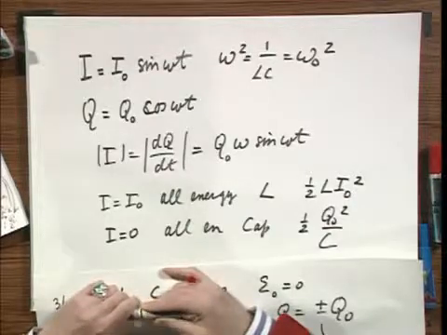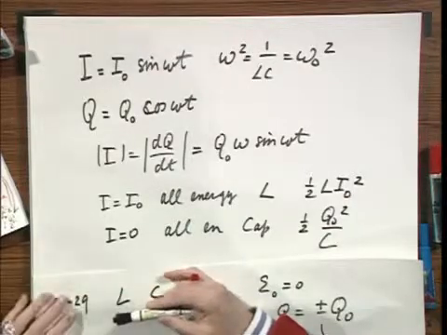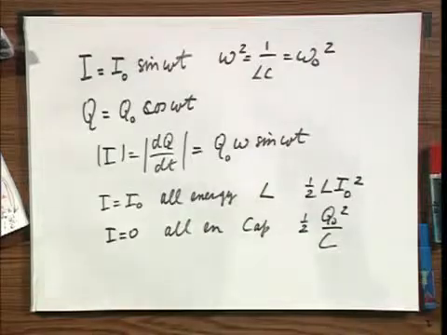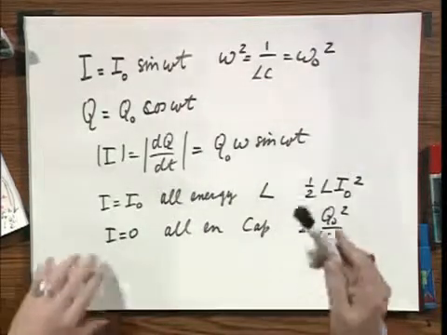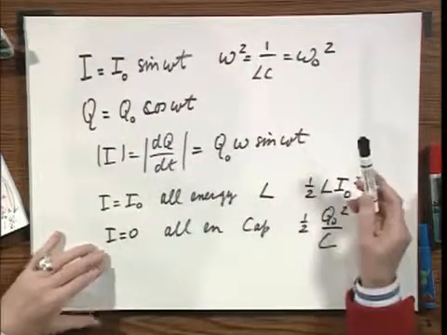Again, the voltages, as you would see them if you attach voltmeters over the C and over the L, would be 180 degrees out of phase. I want to remind you of that. So you get a sloshing current back and forth, and you get a conversion from all magnetic energy to all electric energy.